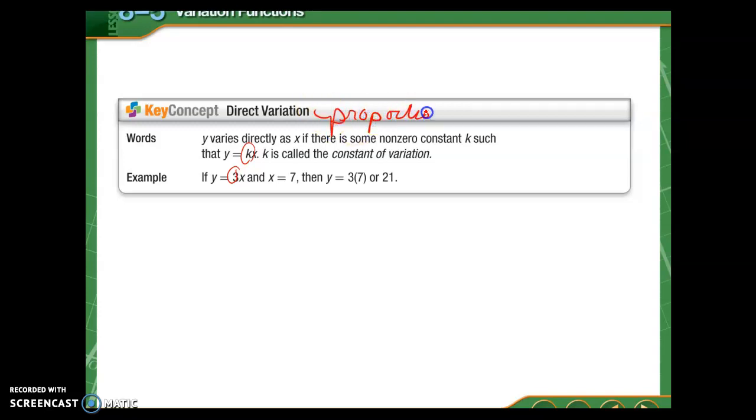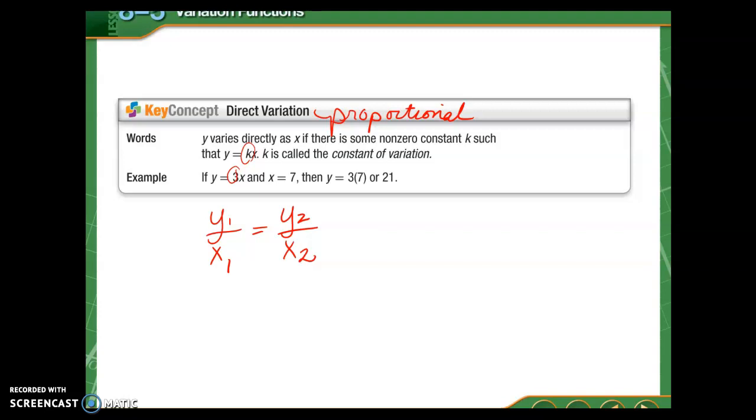A lot of people would rather look at it as a proportion. If y varies directly as x, then y1 over x will equal any other y that varies the same way over x. Then this would be cross multiplying. So direct variation is proportional. You can look at it either way.